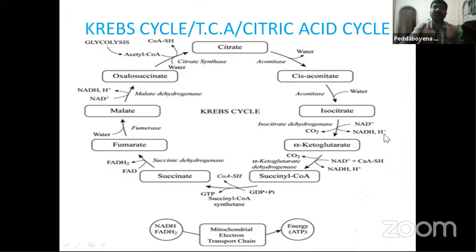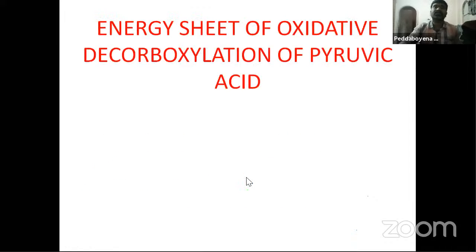Here 6, 6, 6, 12, plus here 6, 8. Here also 4, 20. So this is the process for easy remembering. NADH is in how many places? 1, 2, 3, and next FAD. This is the balance sheet of the Krebs cycle.